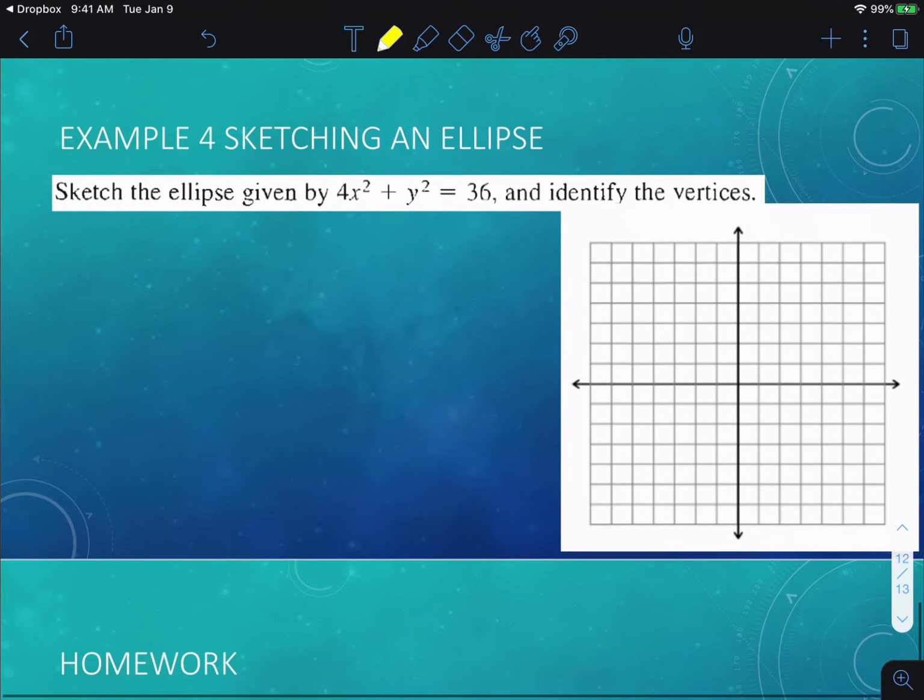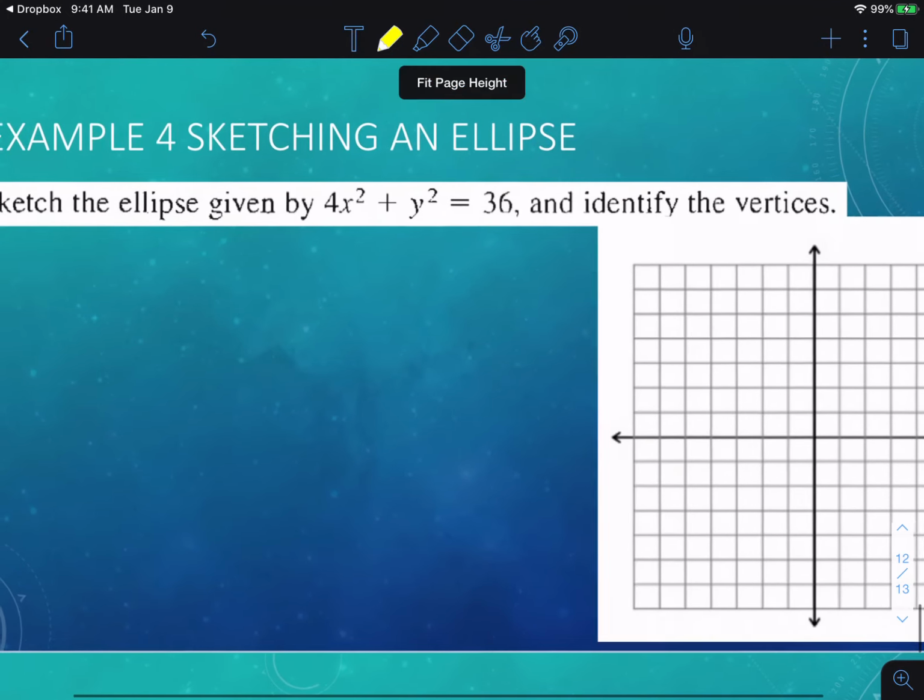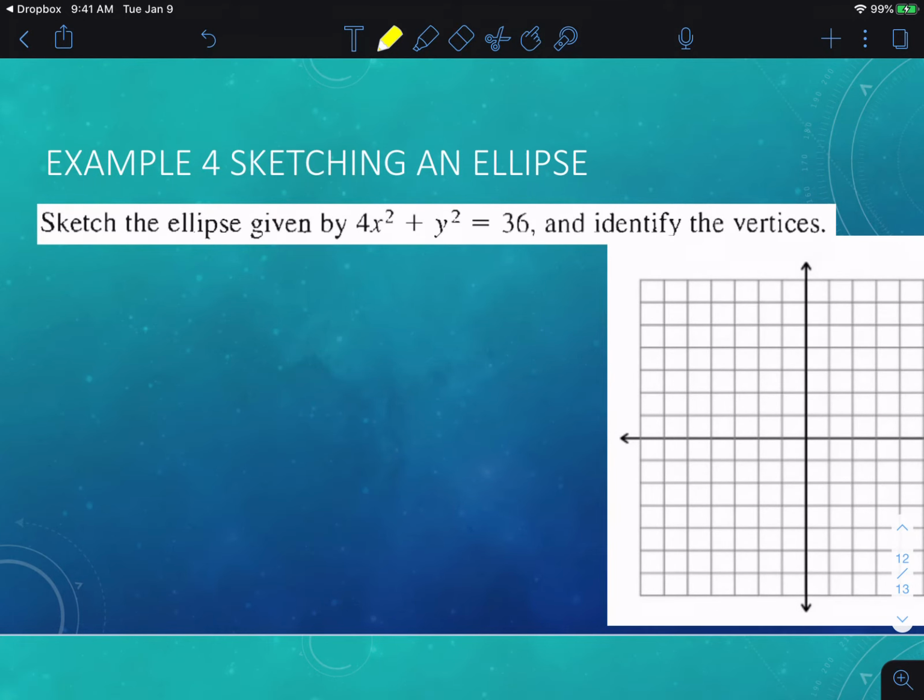That is the equation of that ellipse on the right. For example 4, we're going to be sketching an ellipse now. And here we're starting off with 4x squared plus y squared is equal to 36. Well, we need to have that right side be equal to 1 in order to be in standard form, so we're going to divide everything by 36.